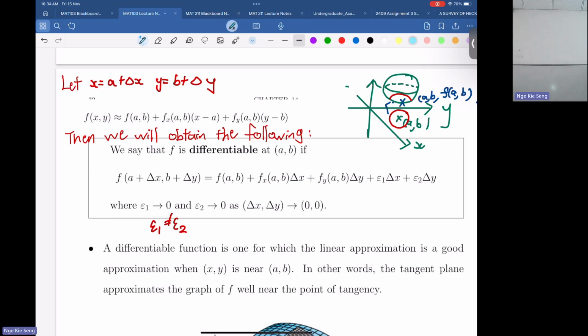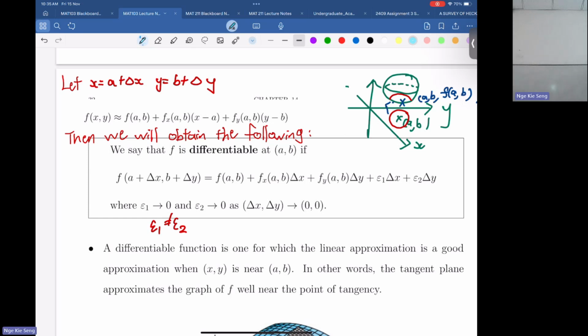So what do I do? So on AB, I have this height. I can form a tangent plane. Tangent plane. And then what?